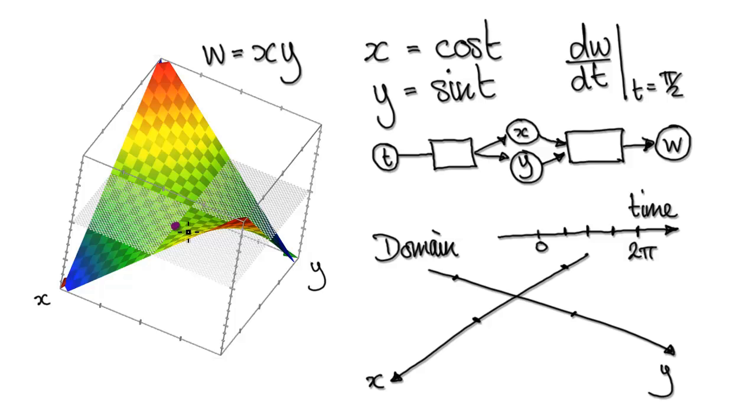It starts here when time equals 0, and then it will go uphill, then downhill, then downhill again, then uphill, and so on. So it's going to look something like this.